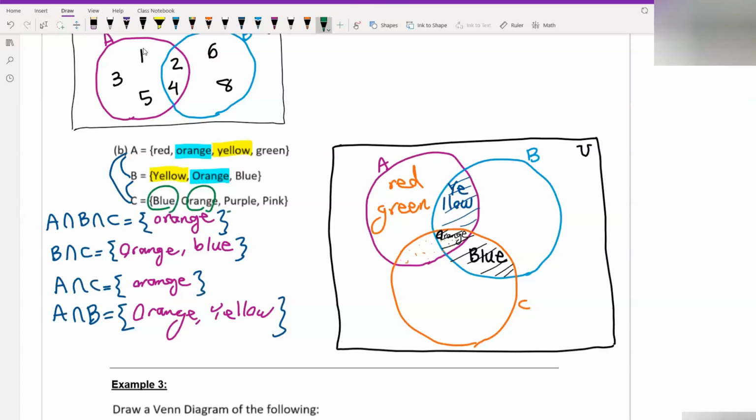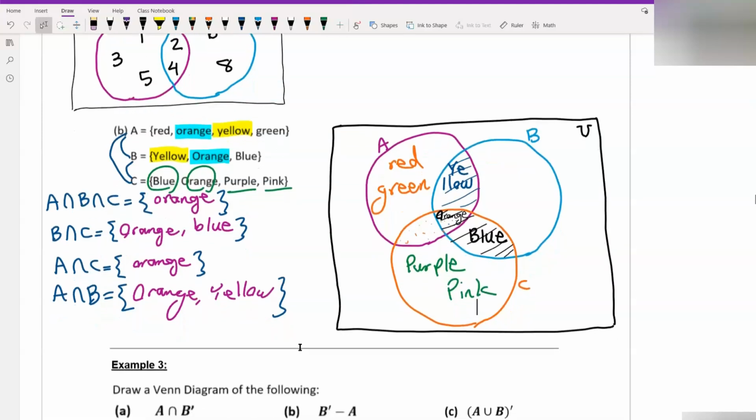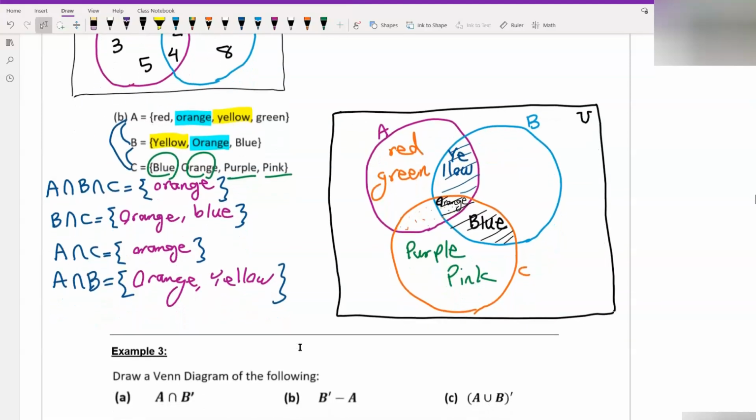So I have to also write purple and pink. And B, we had yellow, orange, blue. I have all these here. So this is our Venn diagram for part B.